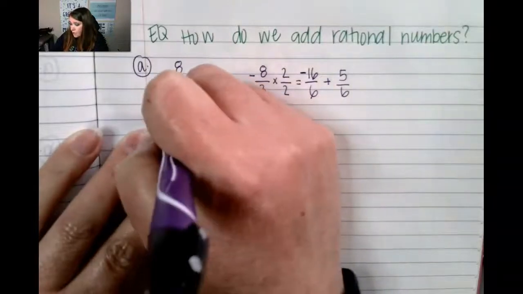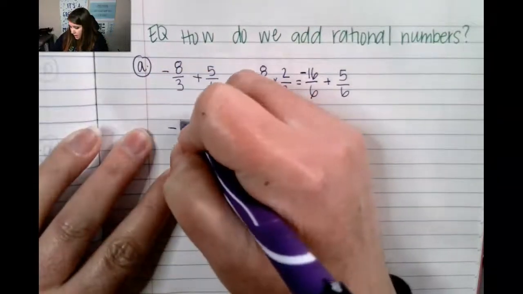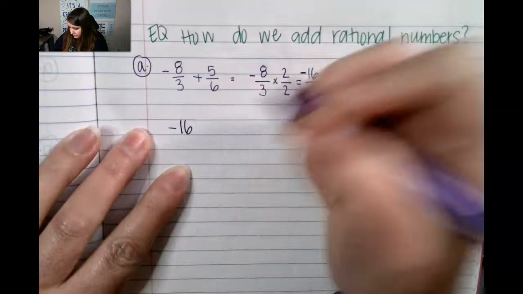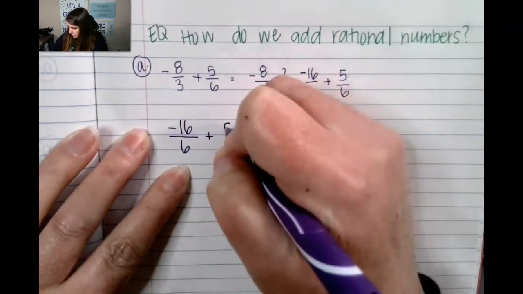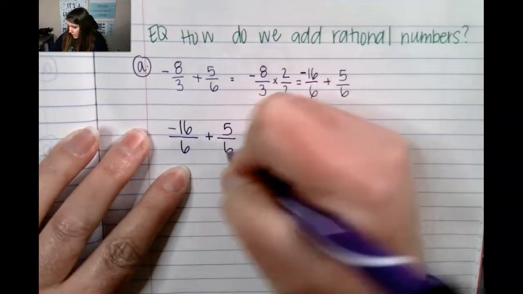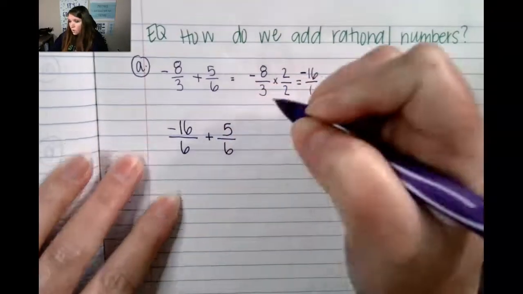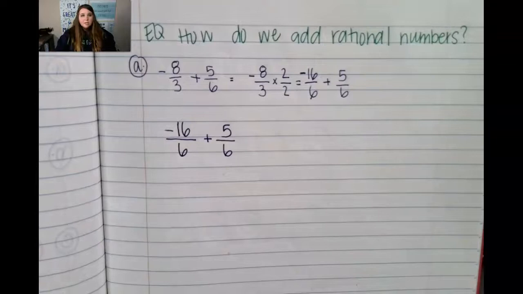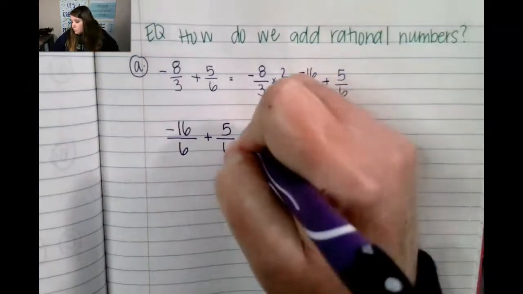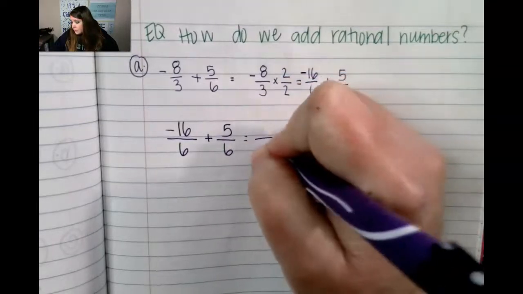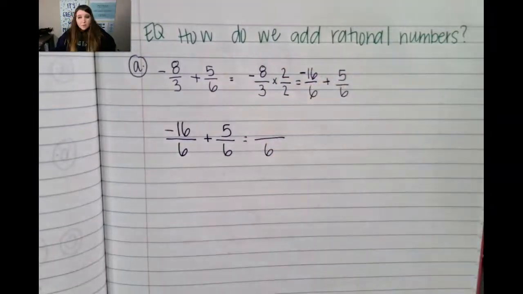All right, so how do you add this with a negative? In normal addition of fractions, you would just add the tops now and move the bottom number over. Okay, so everything would be out of 6.